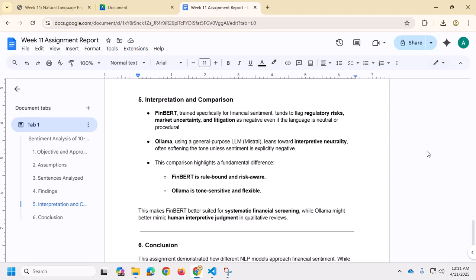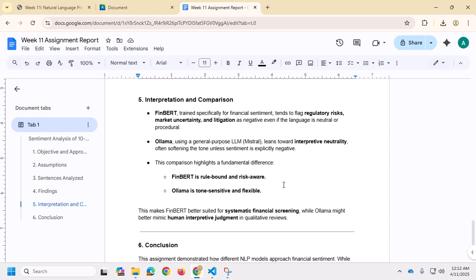It doesn't take certain keywords like FinBERT and just assign them positive, negative, or neutral values. So there is less bias, you can say, that the LLM Ollama has. The comparison is that FinBERT is rule-bound and risk aware, whereas Ollama is tone sensitive and flexible.